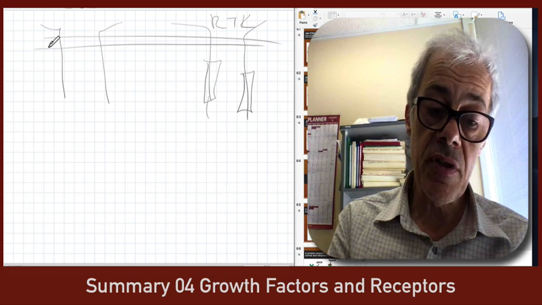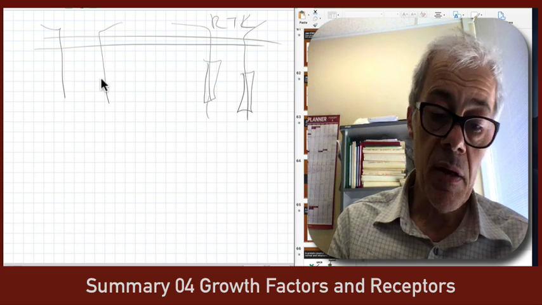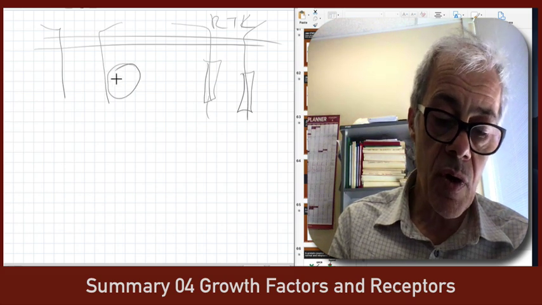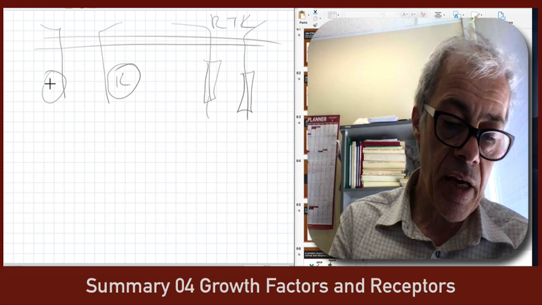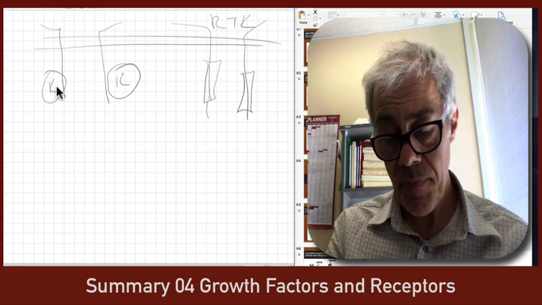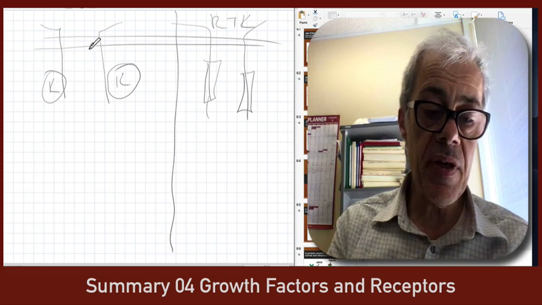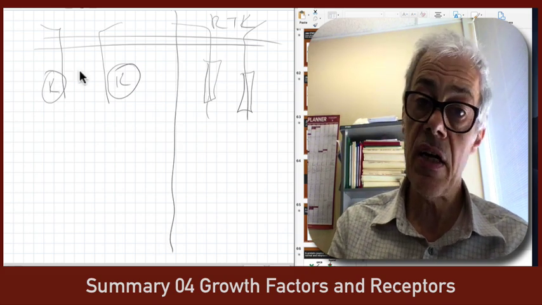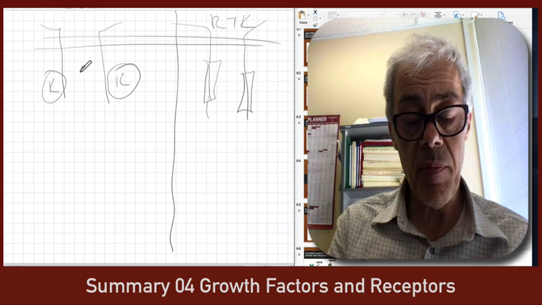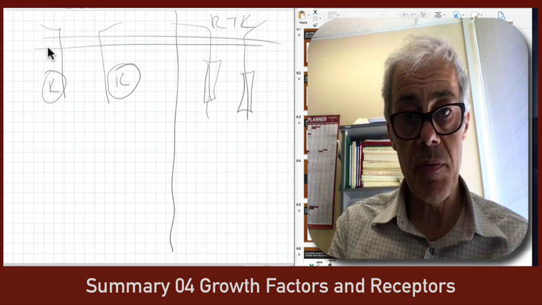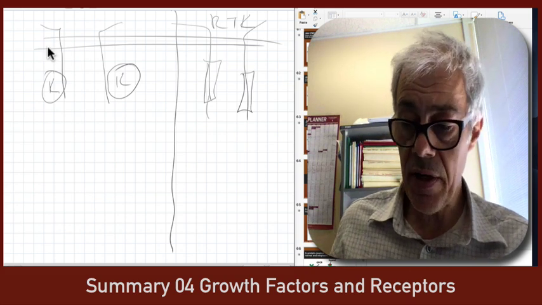These receptors have no kinase domain, but they bind to another kinase. Okay, and these pathways are particularly important in cytokine signaling, and these receptors are important in those pathways.